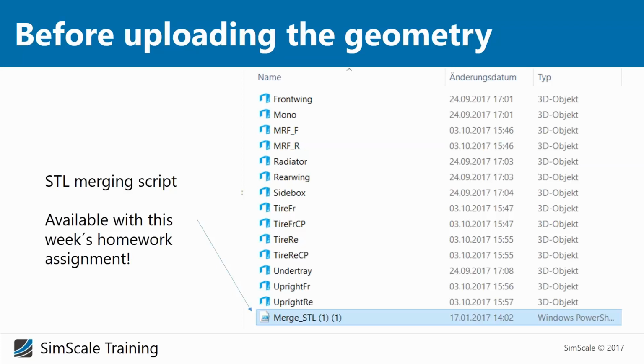It merges STL files, and it's a very simple but very cool tool. And it will be available with this week's homework assignment. So what this thing is actually doing, you just right click it, select run, and then it merges all the files that are in the folder into one single file.